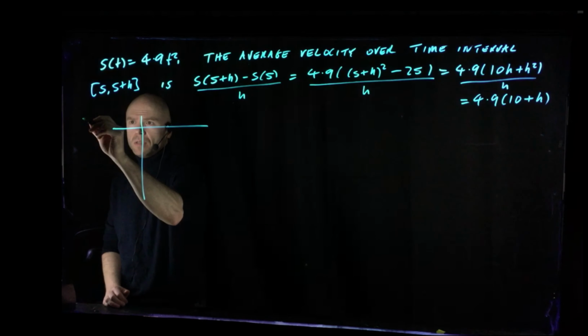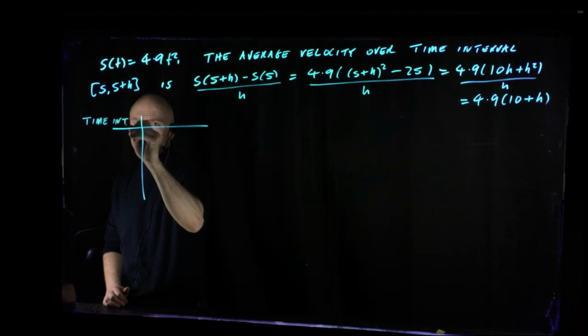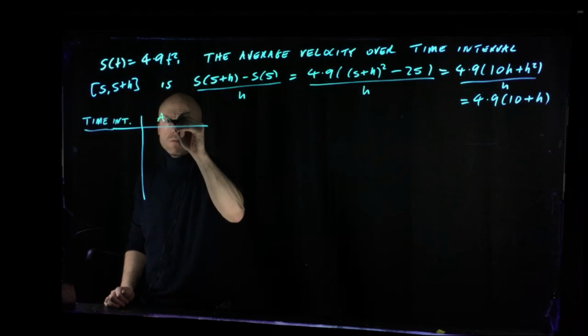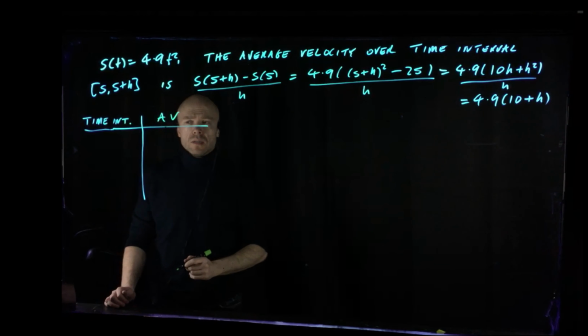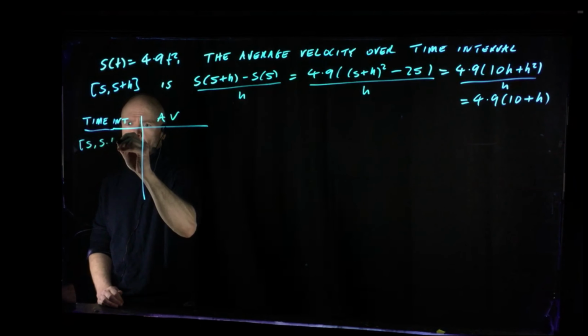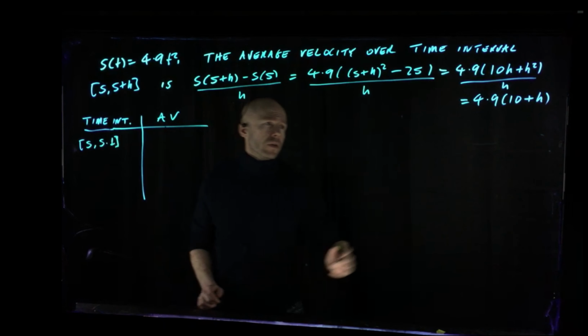So if we do a table of values, this is the time interval, and this will be the average velocity, so I'm going to write a v. And if we do 5 to 5.1, that's the same as taking h to just be 0.1, right? So what's this?